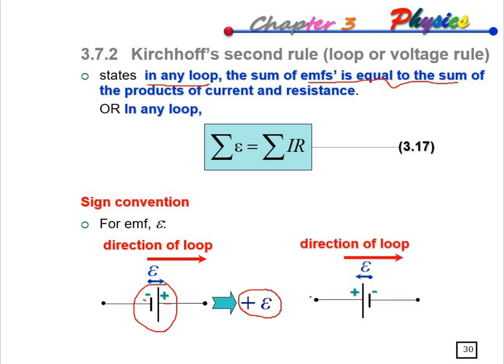Whereas if the loop direction is to the right and the EMF is to the left, it is the opposite direction, so the sign convention is minus EMF.